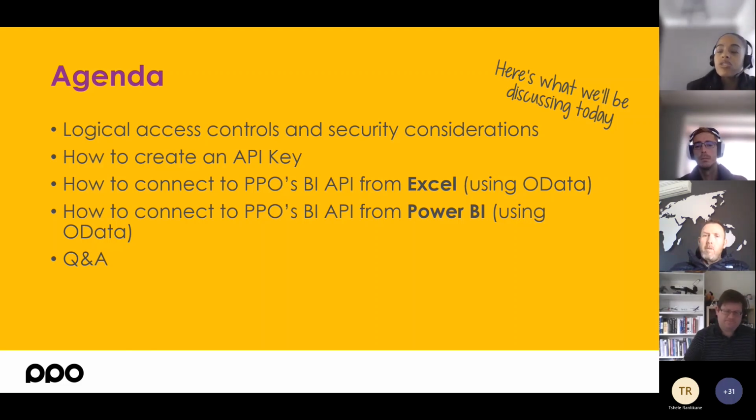I'll also show you how to create an API key, and then I'll hand over to Daniel, who'll cover connecting from Excel, and Guy will cover the Power BI portion, and we'll end off with the Q&A session.